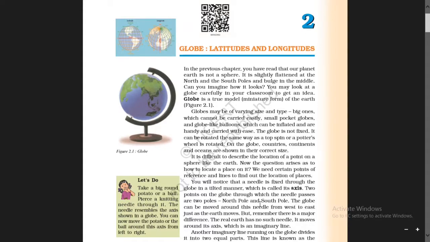The upper pole is called the North Pole and the lower pole of the globe is known as the South Pole.